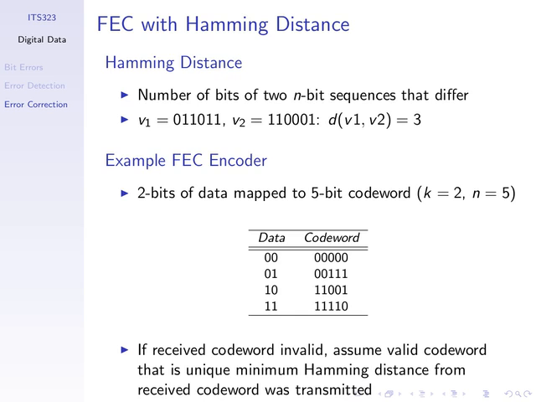So we now distinguish between valid and invalid code words. In this example, there are 4 valid code words. The 4 listed here. You don't have to write them out.